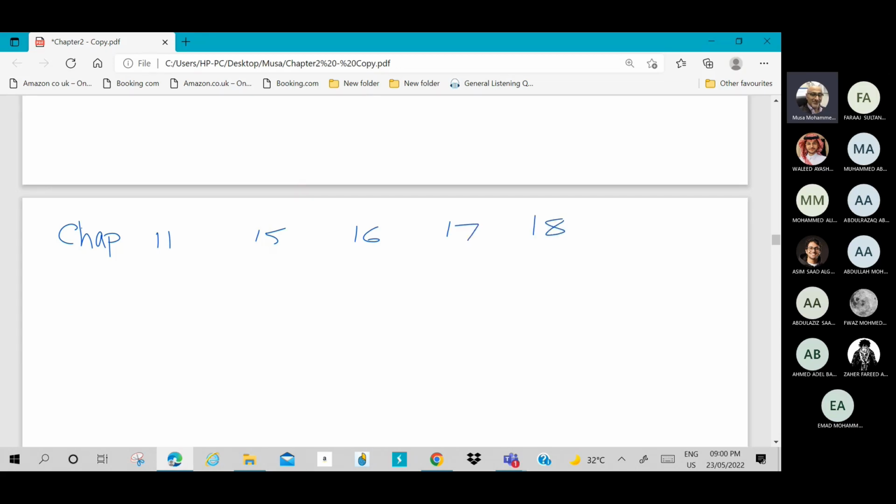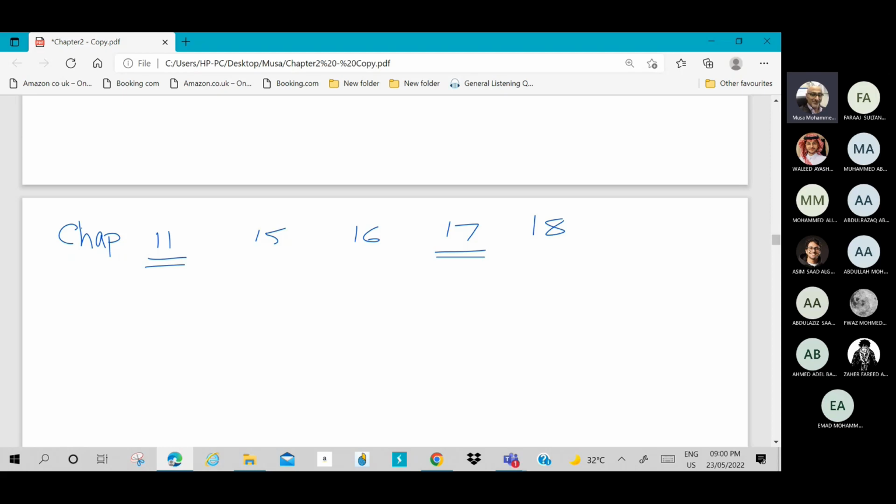Of course, these are chapters that you have never been tested on before, and you know that 50% of the exam will be in these chapters. Now, the trick to study these chapters is that they are connected. So if you look at chapter 17 and chapter 11, there is a lot of similarity.